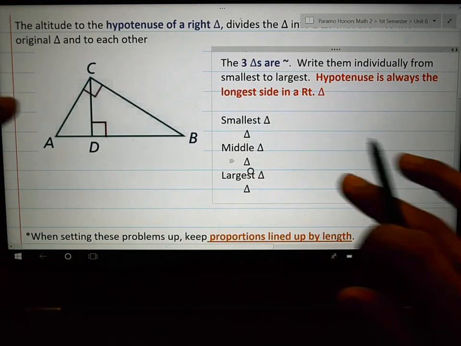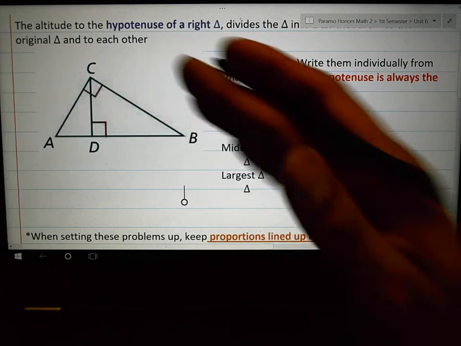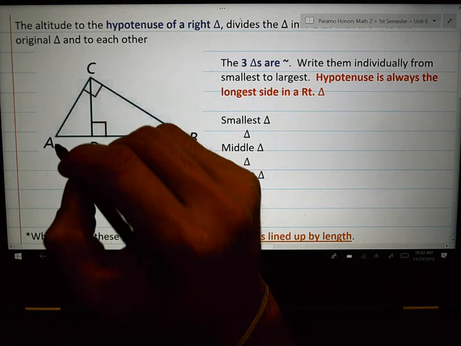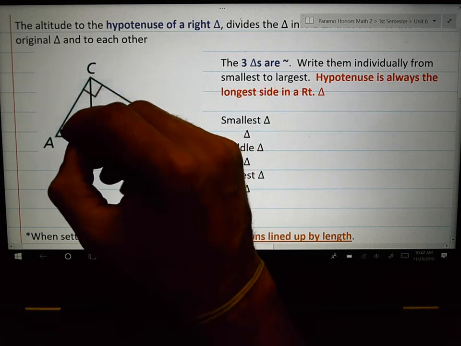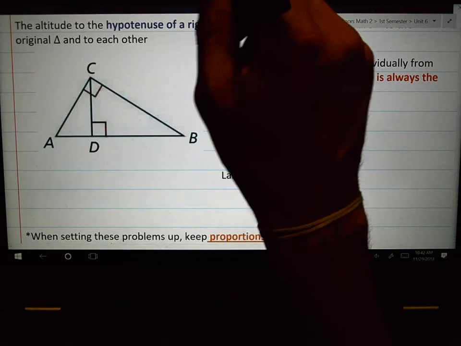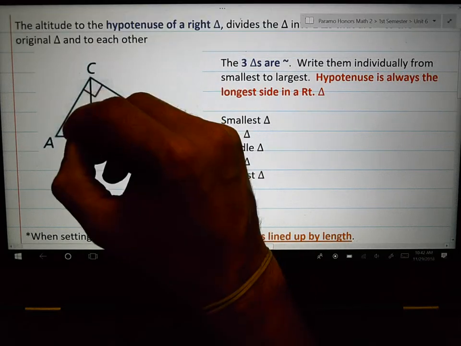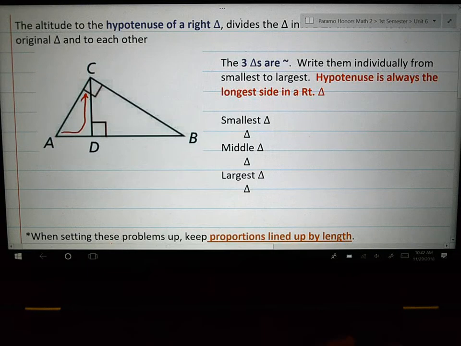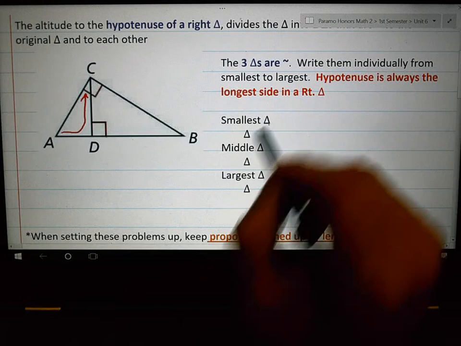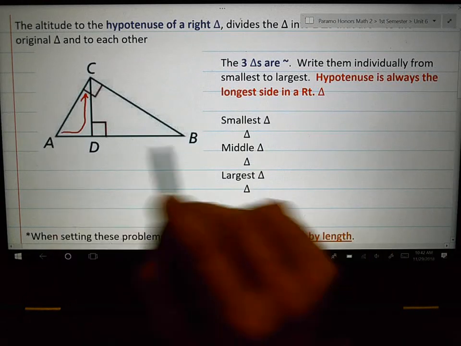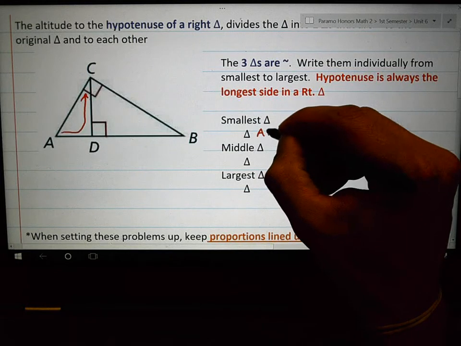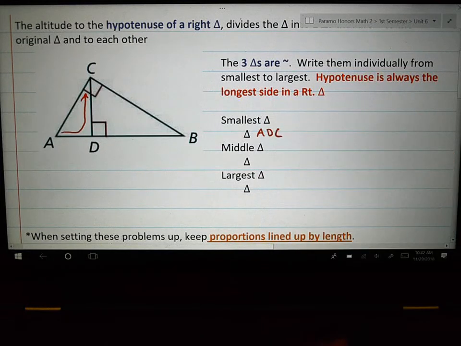If you're working on problems that deal with this, look at the smallest triangle, and draw an arrow inside it going from the shortest to the middle side like that. If you draw an arrow like that in your smallest triangle, you'll know that the letters for this smallest triangle go small, middle, large: A, D, C. Something like that.